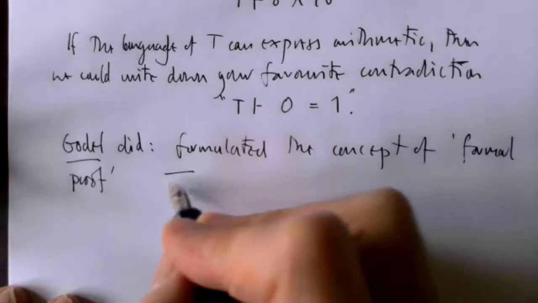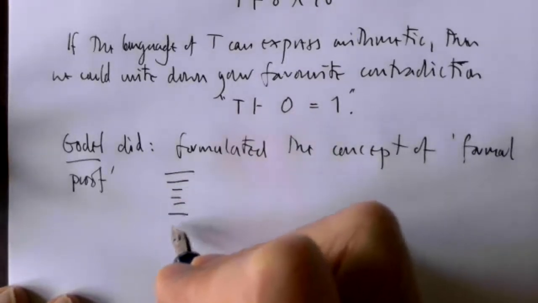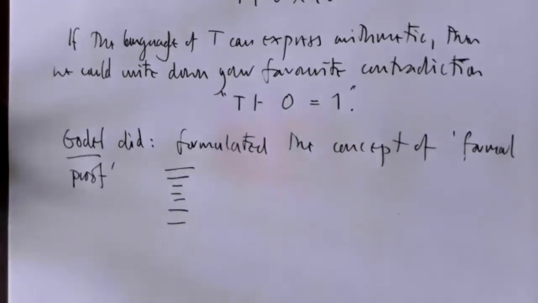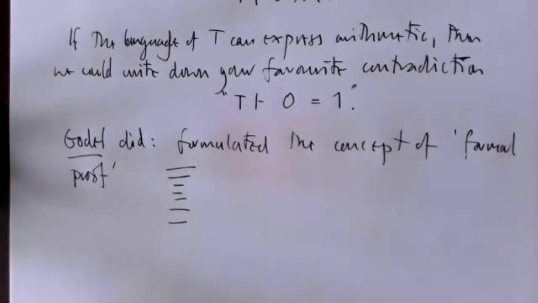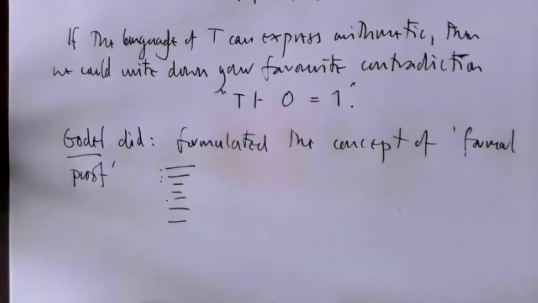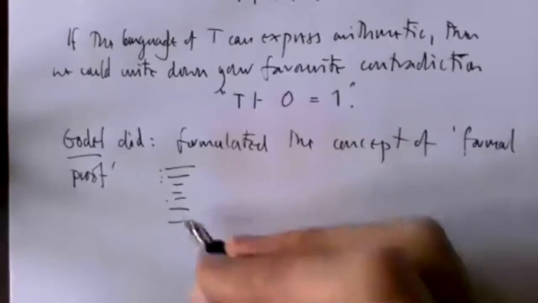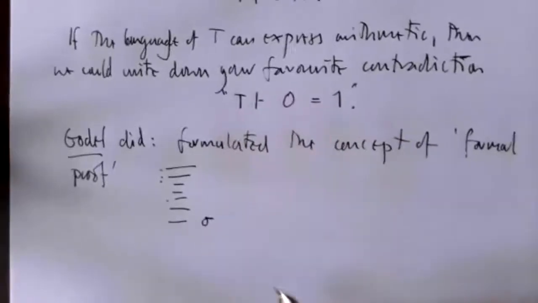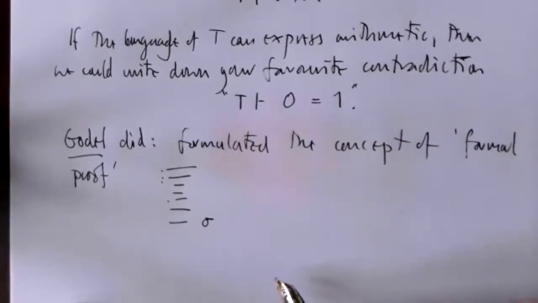So a formal proof is just a finite sequence of formulae. And some of these will be axioms, and some of these will follow from earlier ones by the rules of proof, modus ponens or generalization, whichever logic one is using. And what's being proved is the sentence down at the bottom here.